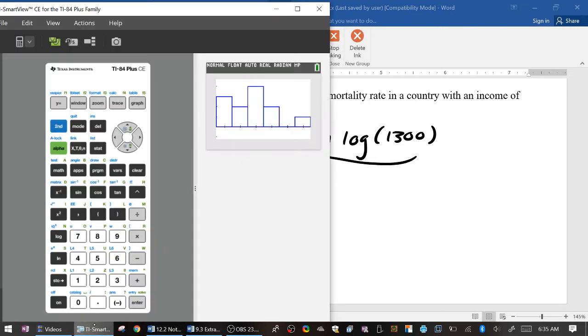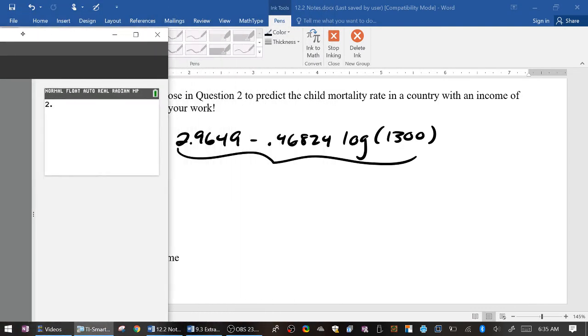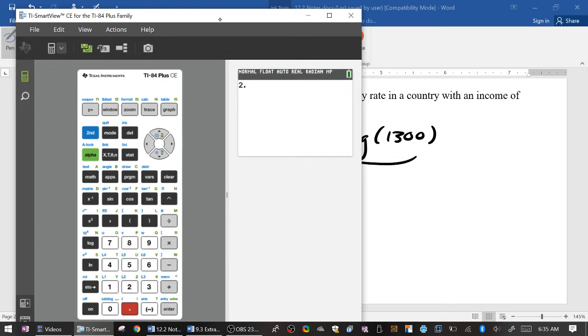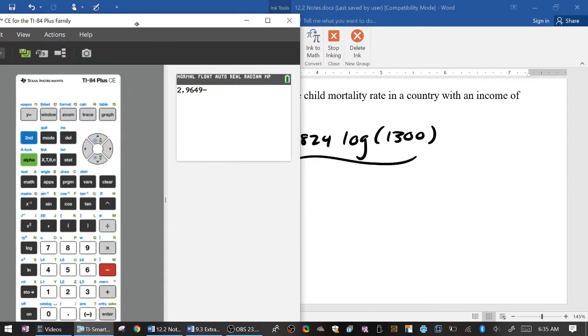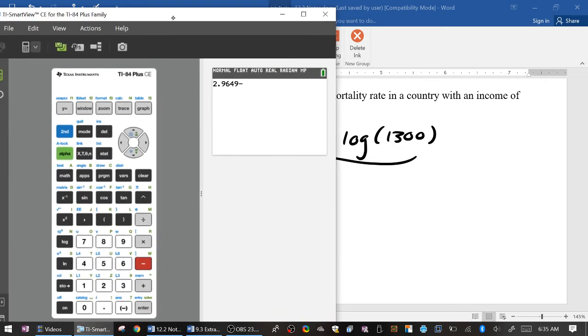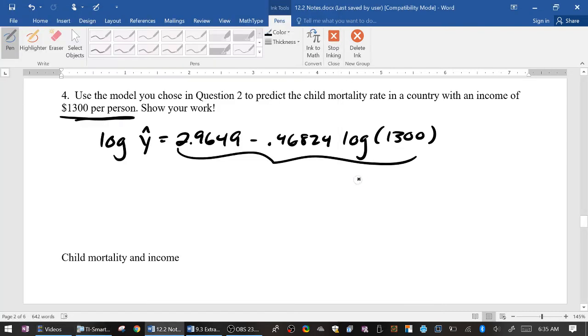Type in 2.9649 minus 0.46824 log of 1,300. Push enter. I get 1.5068.